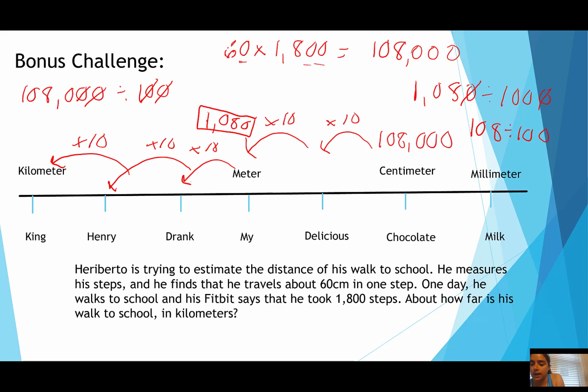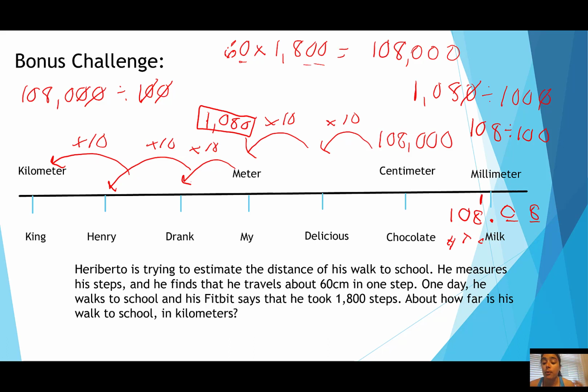But if I had 108, and this is the ones, tens, and hundreds. And I'm dividing by 100. I'm shifting it down 2 place value spots. So if this is the decimal, shifting the 8 down 2 spots, the 0 down 2 spots, and the 1 down 2 spots.